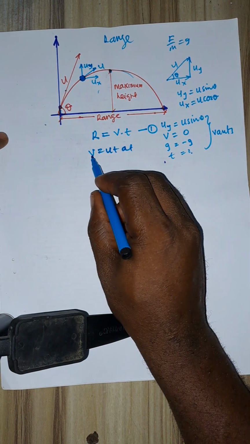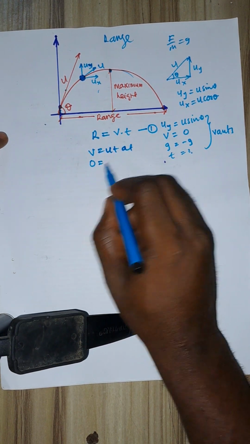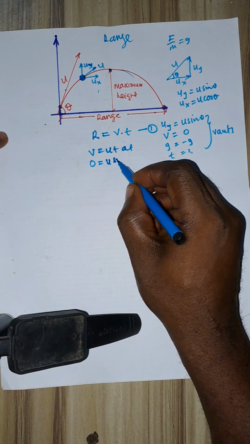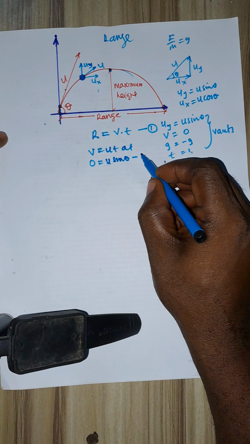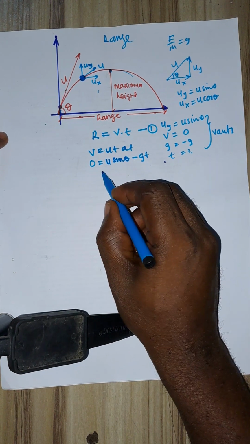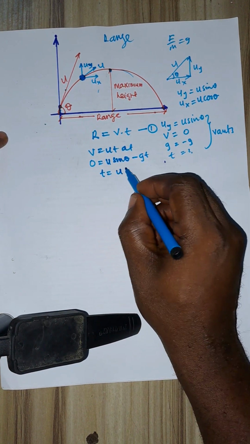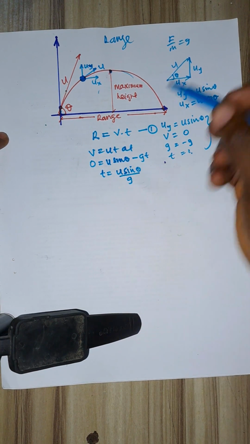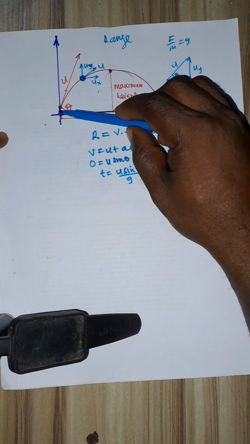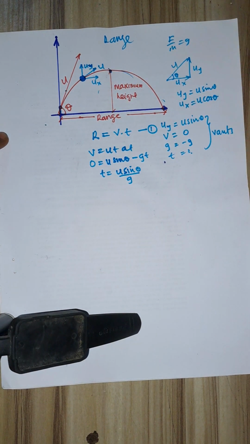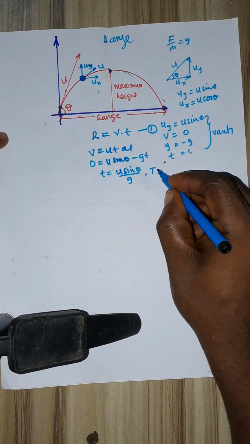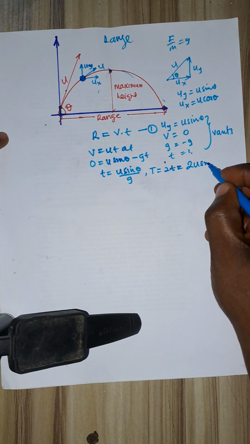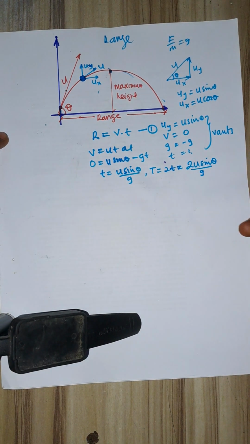So v is 0, u is the vertical component of the velocity, which is u sine theta, and g is negative, so t becomes u sine theta over g. Now, it takes equal time to move from the point of projection to maximum height and back to the level of projection. So time of flight T will be 2t, which is 2 times u sine theta over g.